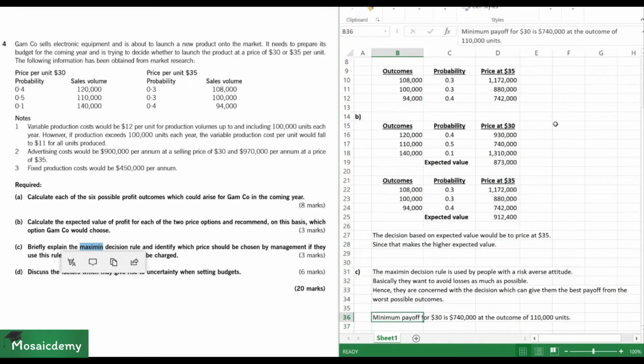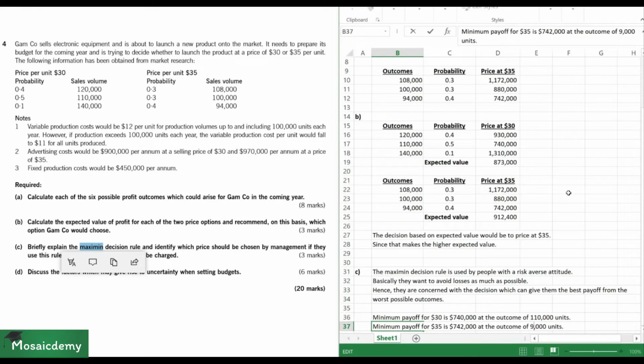Let's just copy this down so that we can follow the format. Minimum payoff for $35 is $742,000, so slightly better, at an outcome of 94,000 units.